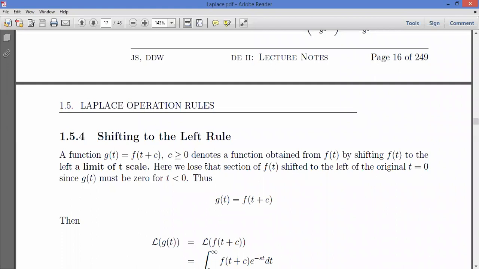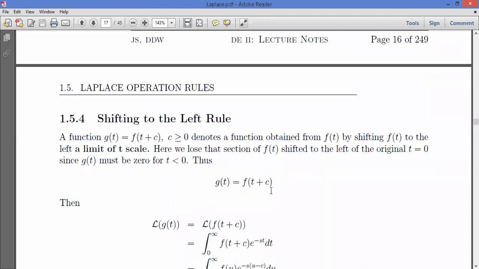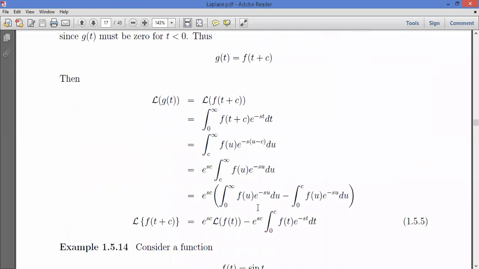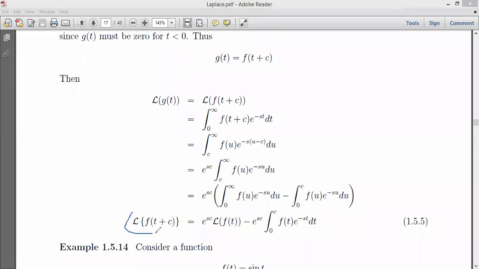That's why we say c greater or equal to 0. Then you deal with the shifting, but now here we are also saying for t less than 0. So same story, you deal with the change of properties, and then you come up with this conclusion here, which I'm not going to repeat because I've already done this.